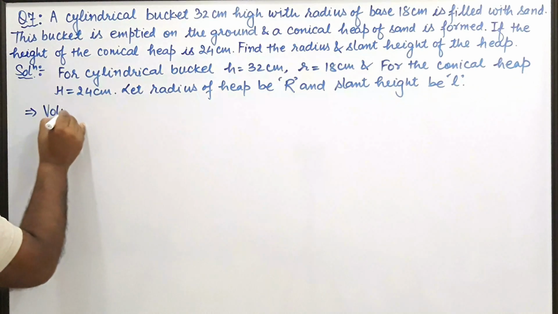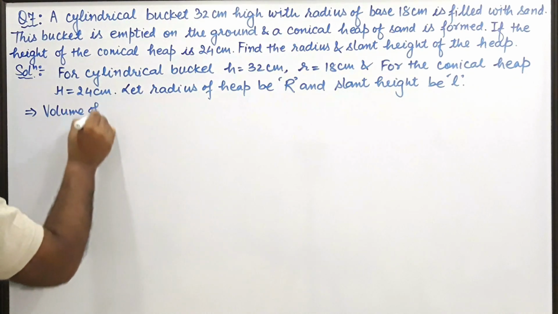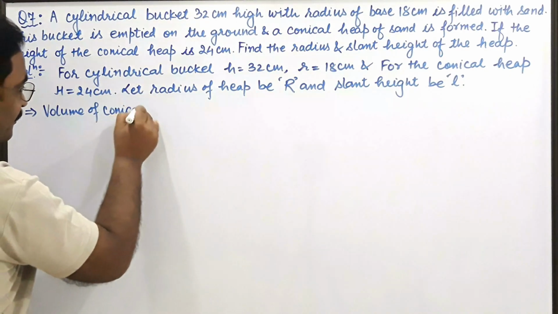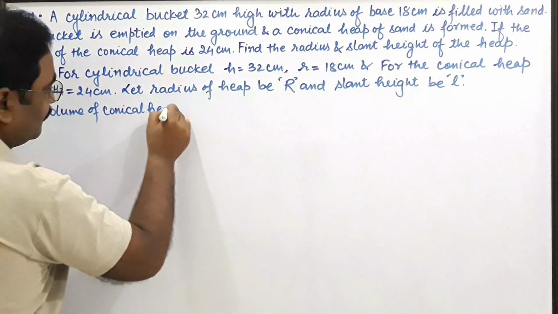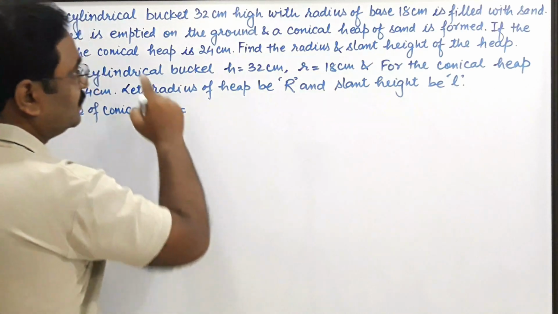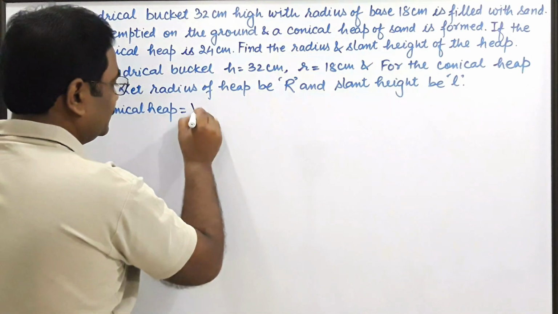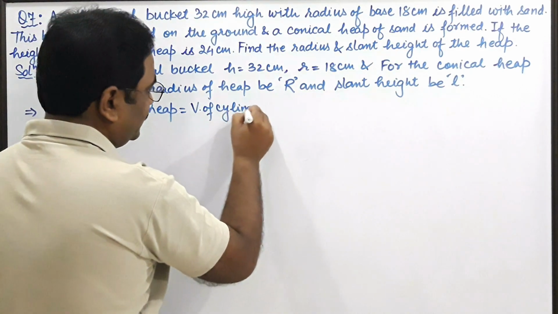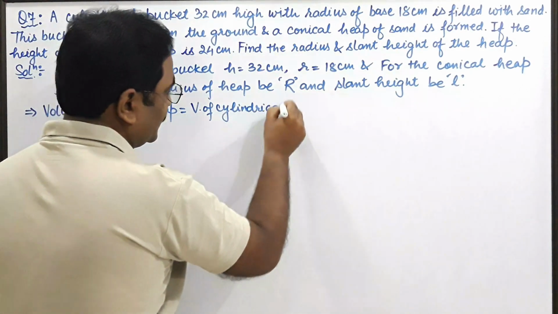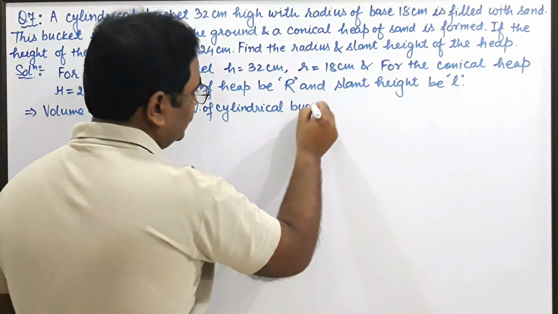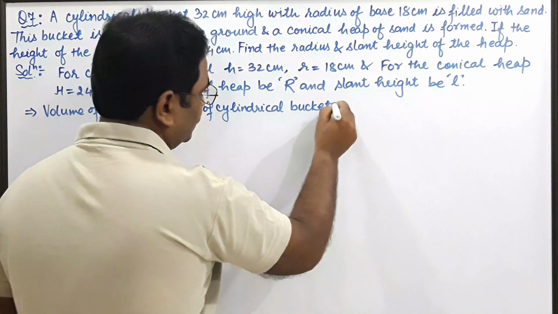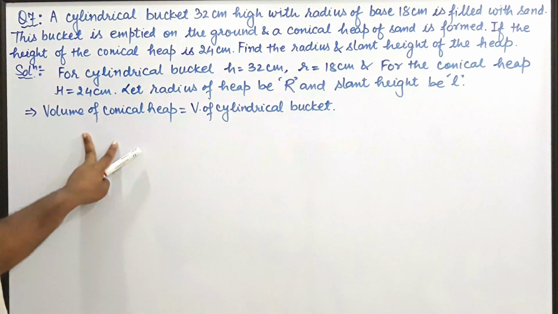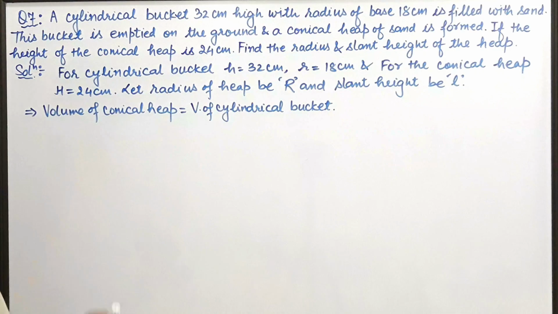volume of conical heap is equals to the volume of cylindrical bucket. Now let us apply their volumes. It is cone, so its formula is 1/3 pi r square h.